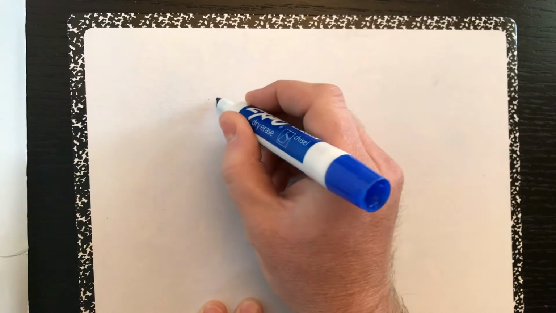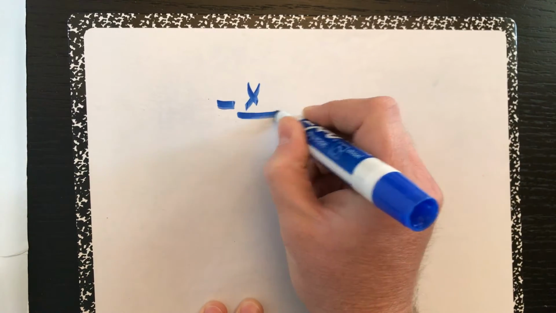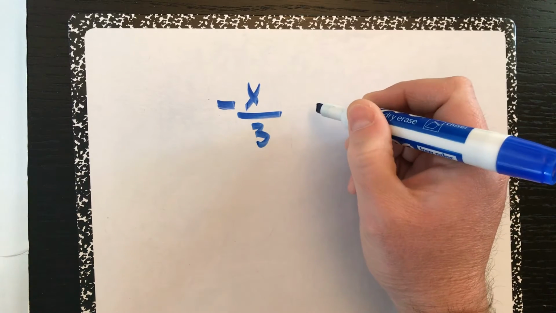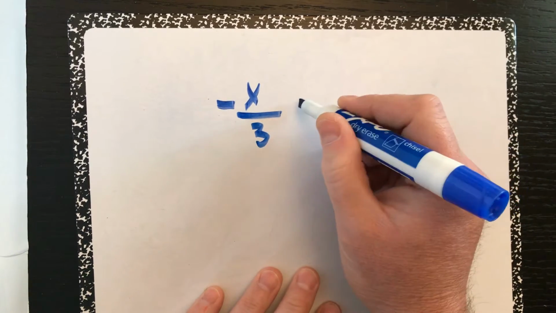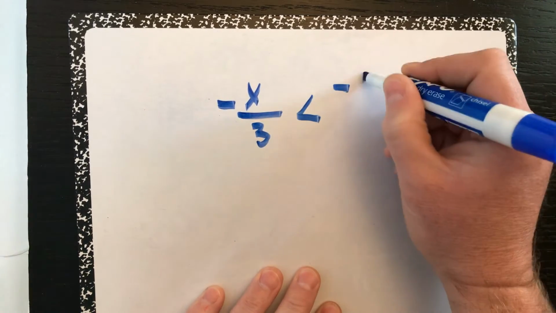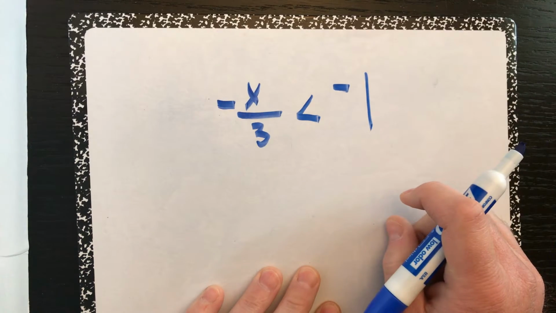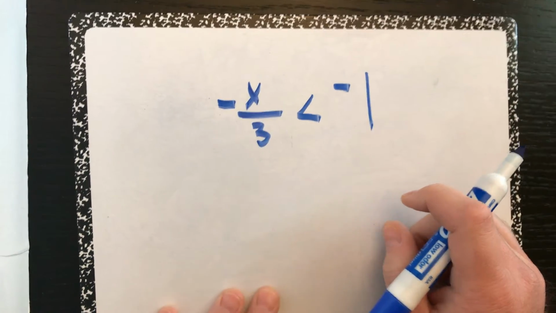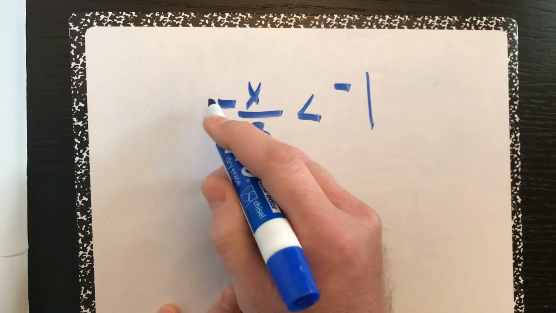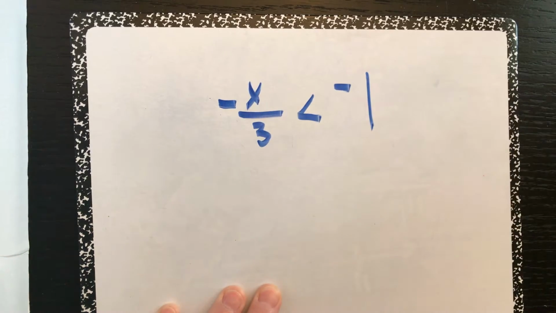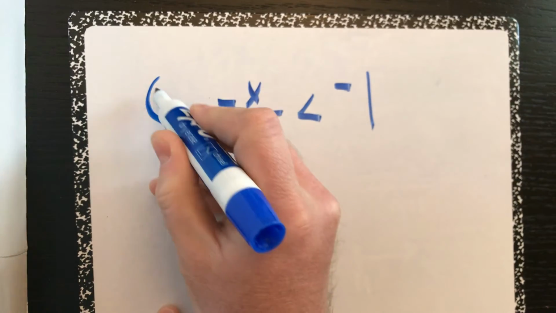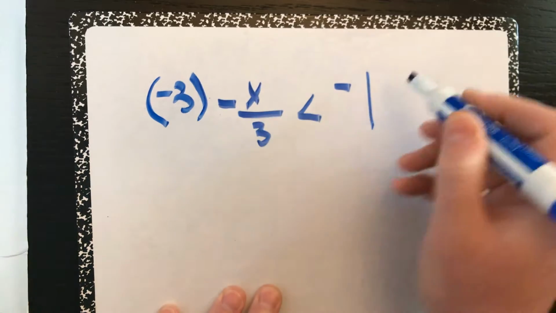All right, for instance, if we had a problem like negative x over 3 is less than negative 1, okay? We need to multiply by a negative 3 on both sides, all right?